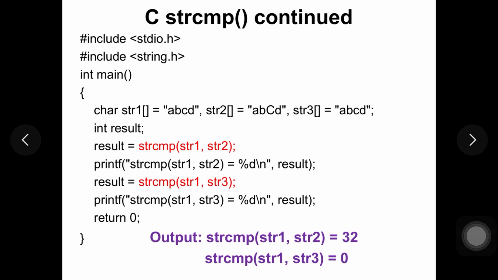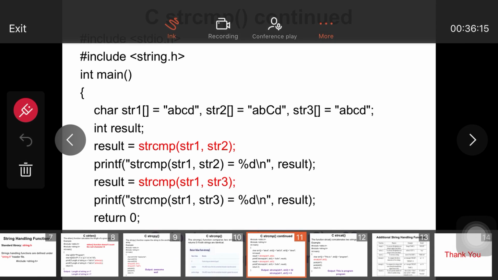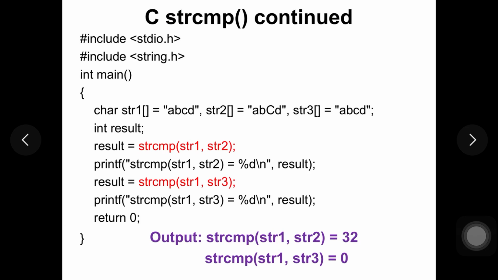So the first comparison statement you can see here, result is equal to comparing string 1 with string 2. String 1 is ABCD and string 2 is ABCD, but c is a capital letter. So here ABD and ABD will have the same ASCII values.